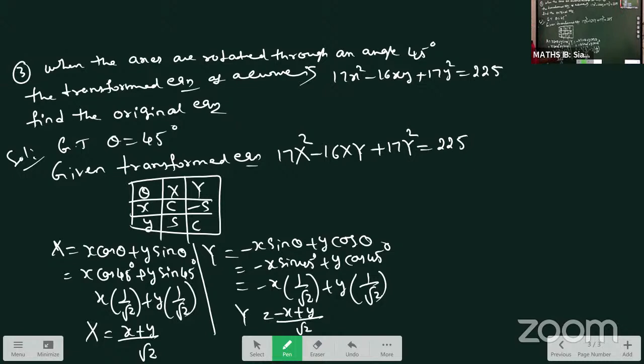Now substitute these two values in equation 1. Go to equation 1 and substitute capital X and capital Y in equation 1.